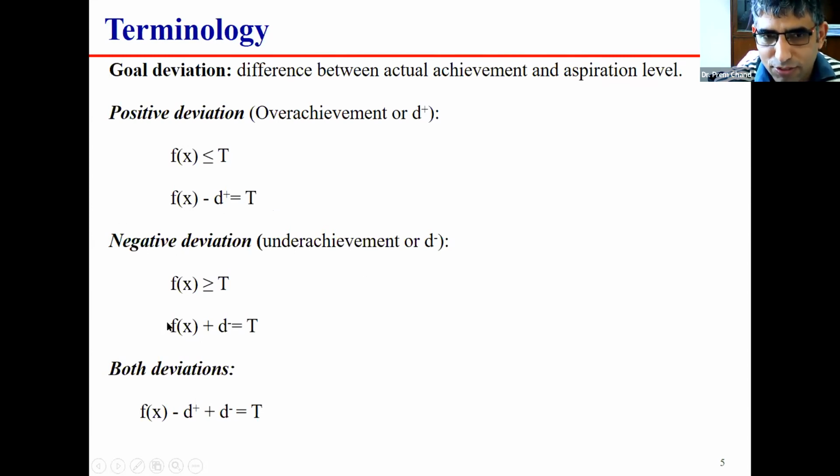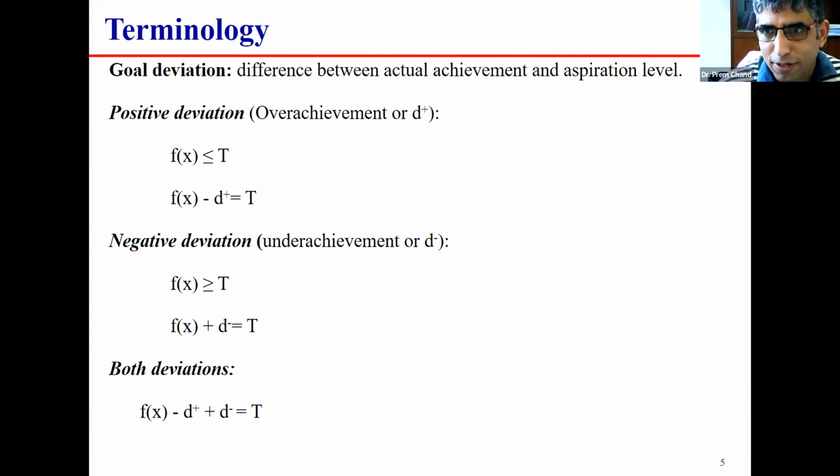Similarly, negative deviation. If we underachieve, we are not able to achieve the targeted amount, and the difference is underachievement. To equate the expression, we have to add this negative deviation to the left hand side. Then only our equation will be balanced.